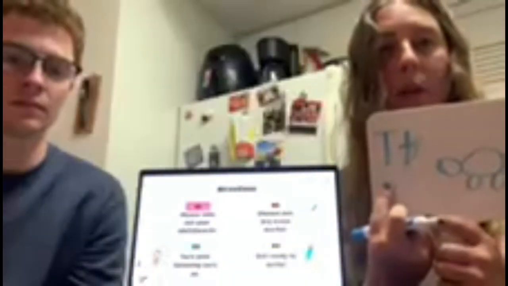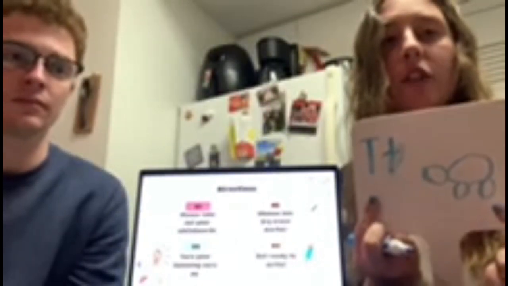Okay, and then once we have our answers, we'll hold our boards up. Okay, so number one, we're writing the uppercase and the lowercase, and then we're drawing a picture that starts with the initial letter sound. So if I have T, I would draw a turtle, because T, turtle.